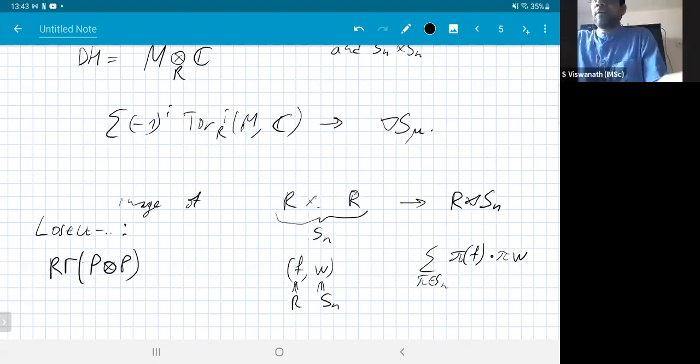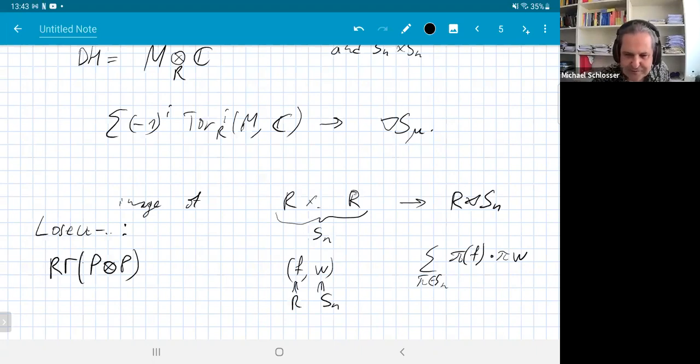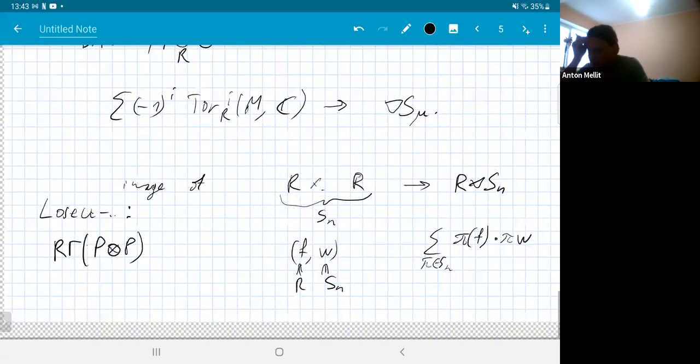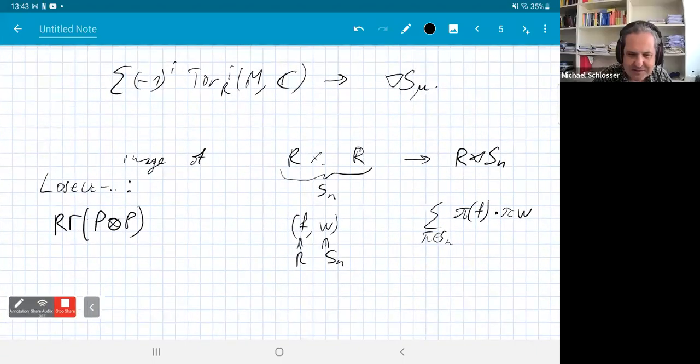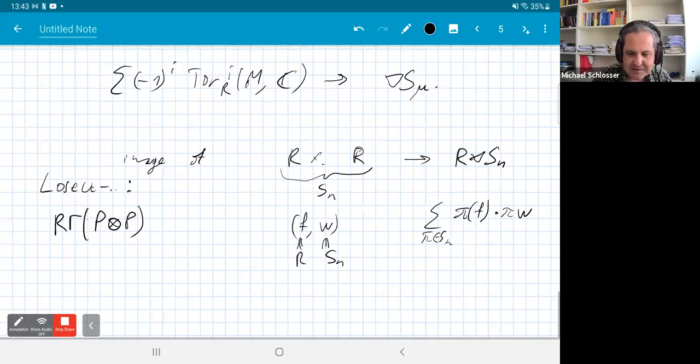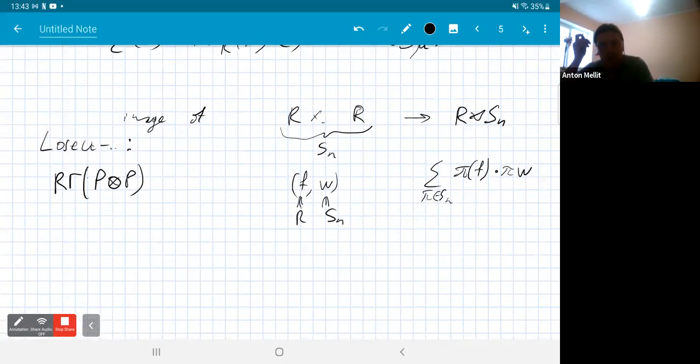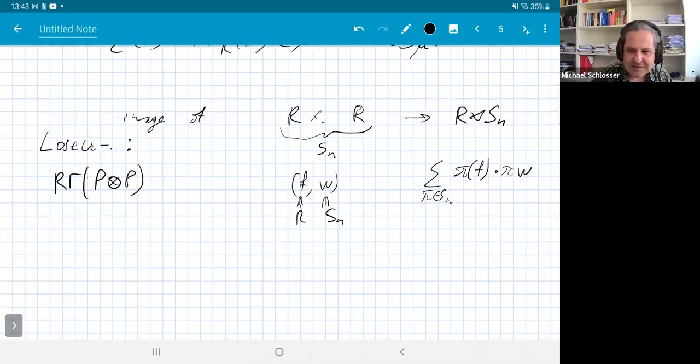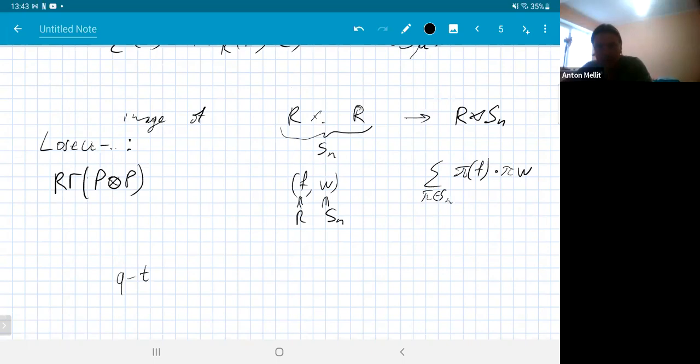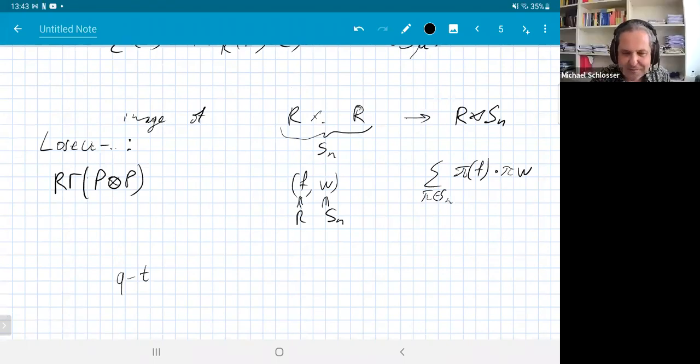Any other questions? Yes, I have a question. Is there a connection to the QT Fuss-Catalan numbers? The generalized QT Catalan numbers, Fuss-Catalan.